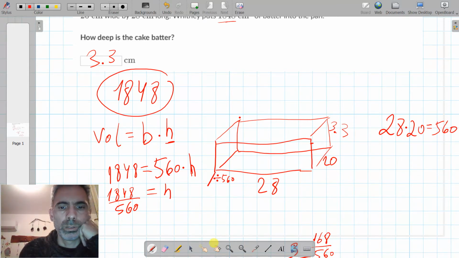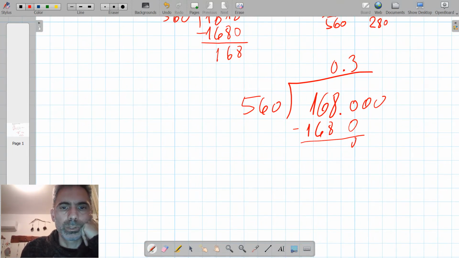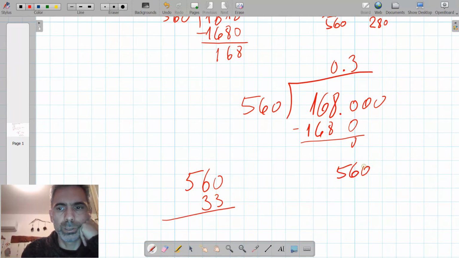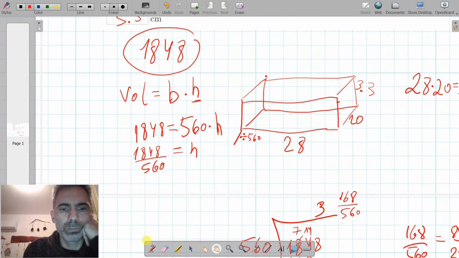So the base is 560 times 3.3. This should give me back the volume of the batter, which is 1848.